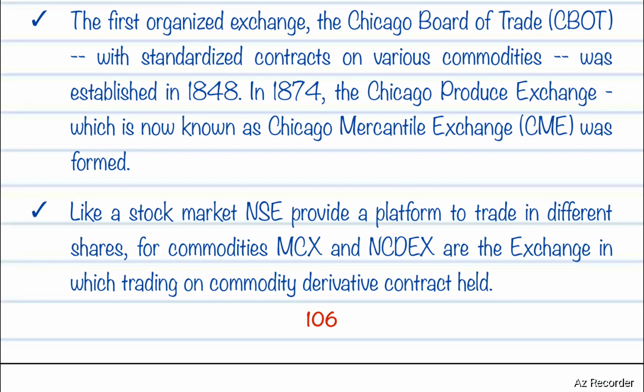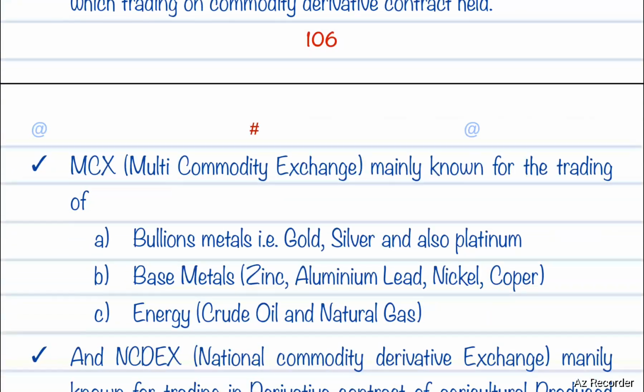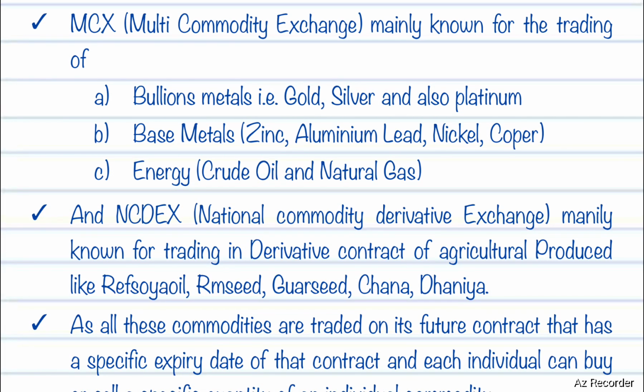Like a stock market, NSE provides a platform to trade in different shares. For commodities, MCX and NCDEX are the exchanges on which trading in commodity derivatives contracts is held. MCX, Multi-Commodity Exchange, is mainly known for the trading of bullion metals, that is gold, silver, and platinum, and also base metals: zinc, aluminum, lead, nickel, copper, energy, crude oil, and natural gas.